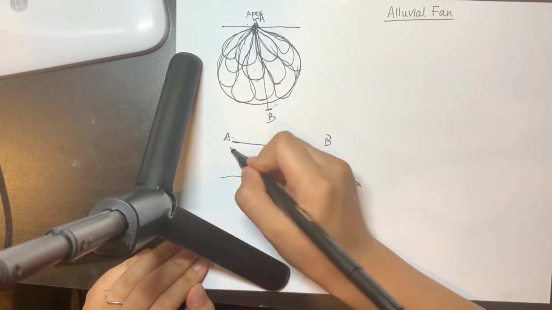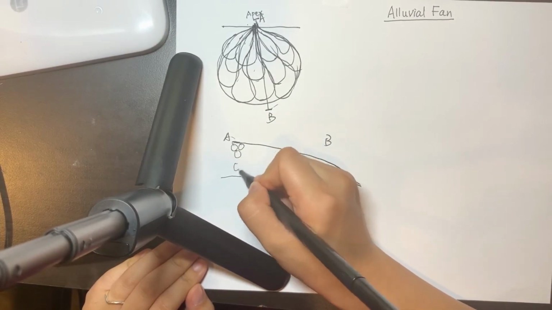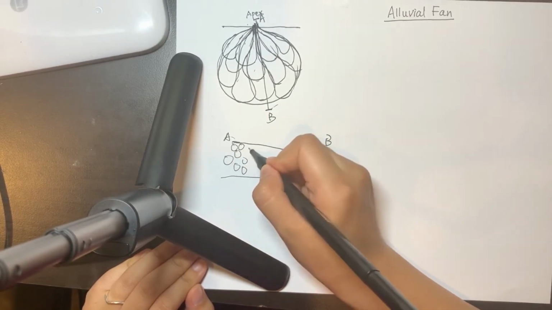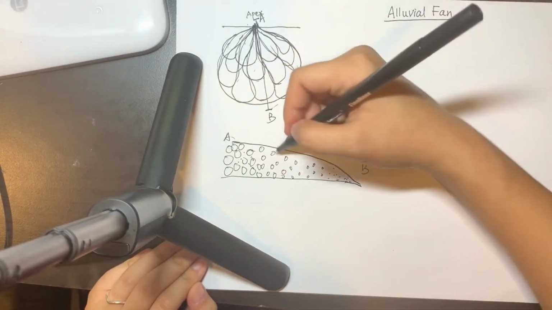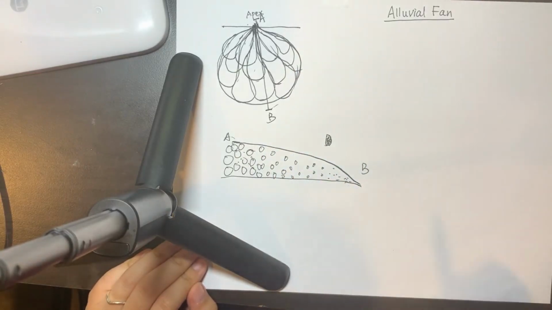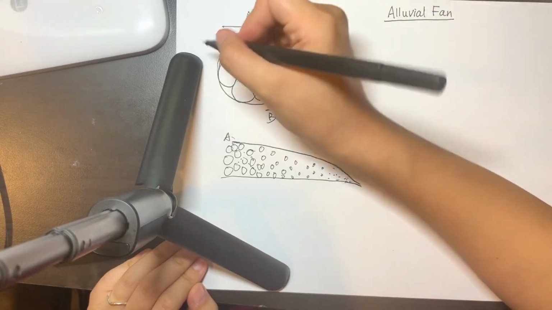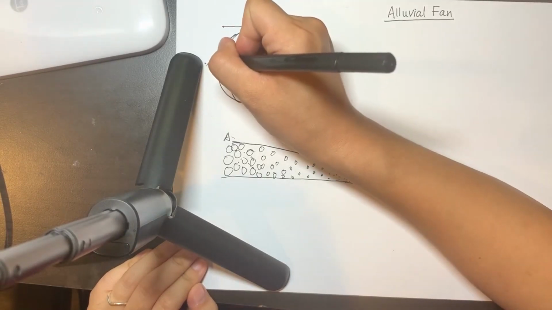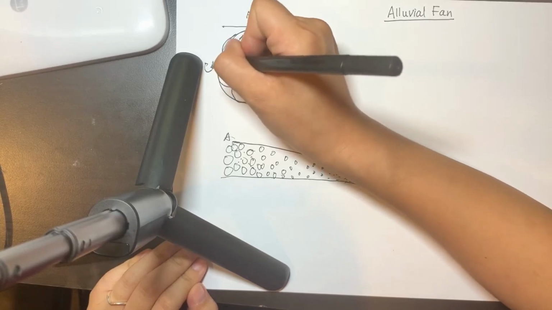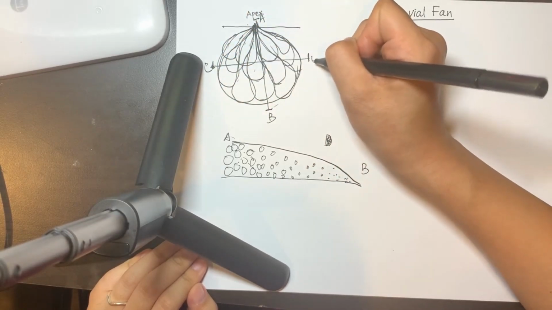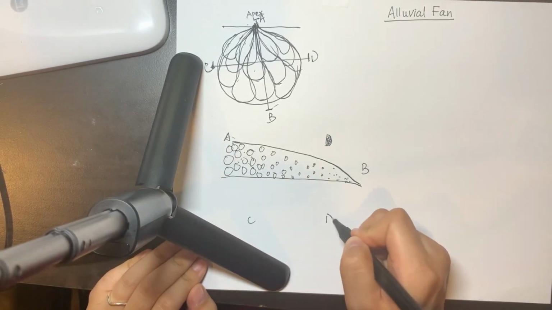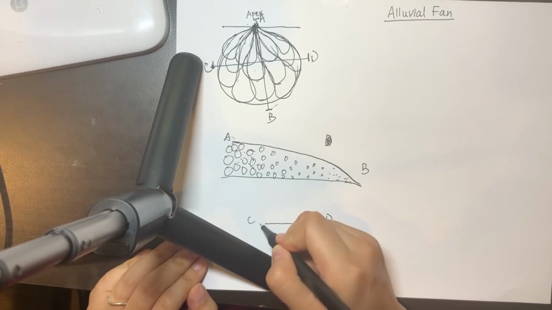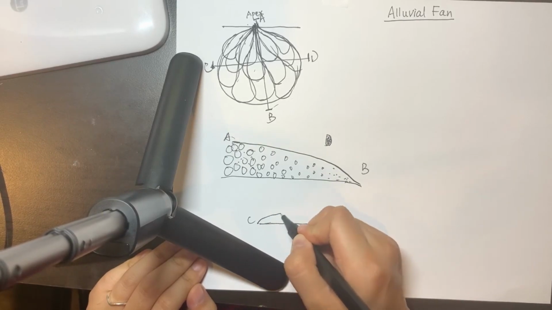From the apex, grain sizes are actually larger, and then you can see grain size gradually change from coarse to fine. And if we draw a cross section from C to D, I will just show you the shape from C to D. The topographic shape will be like this.